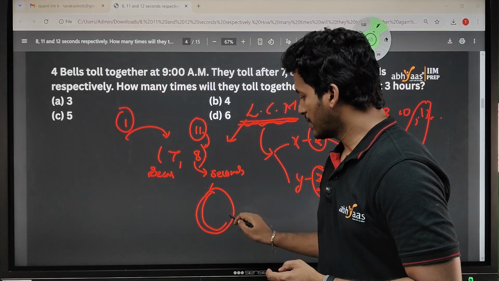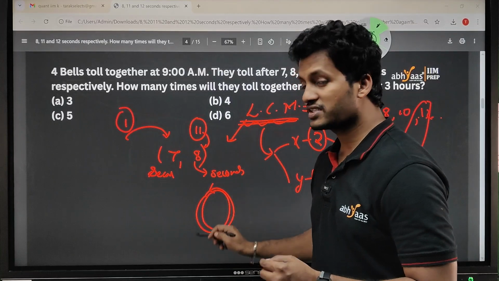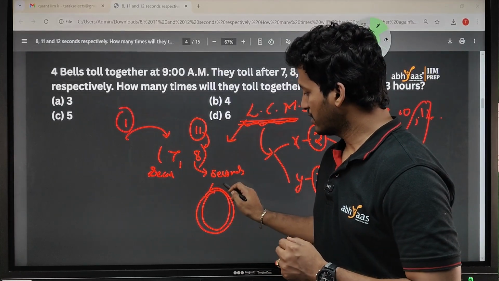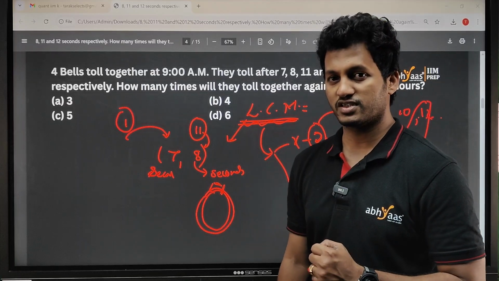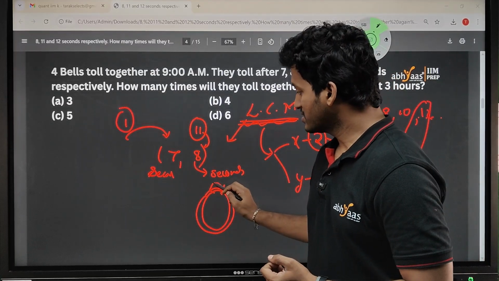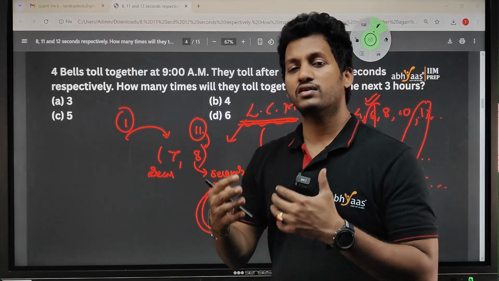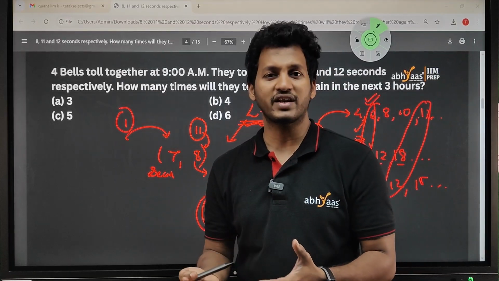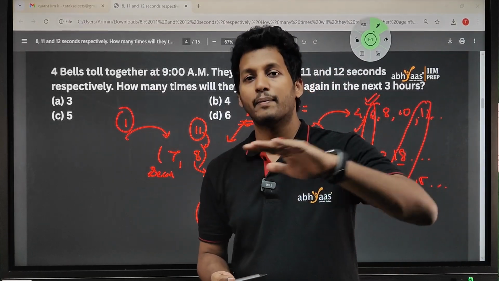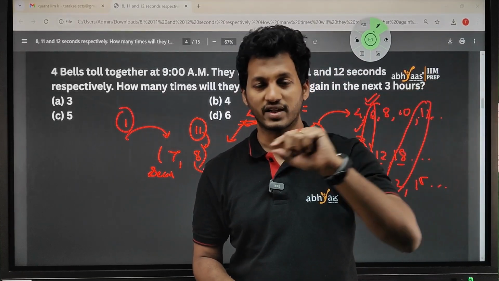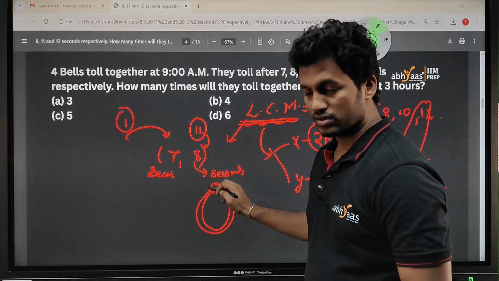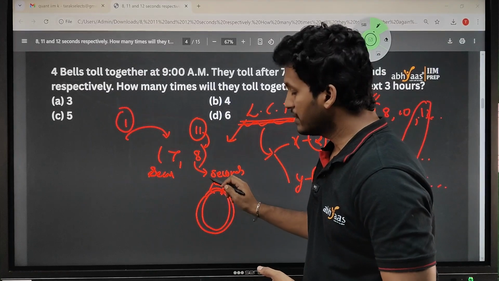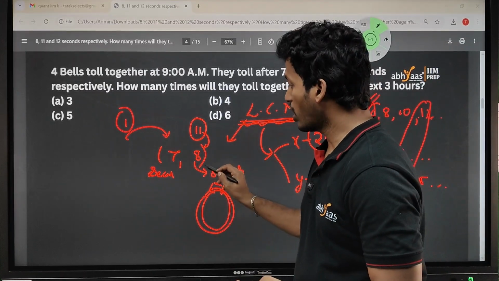In a circle marathon, when one person completes one round, the other person will not complete that round. He will still be 1 second behind the first person, right? If it were a straight line marathon, they may not meet at all. On a circle path, they will meet at some points. At what time will they meet?